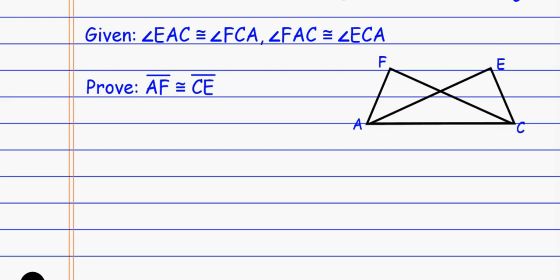if I look at this one, let's start by marking it before I set up my statements and reasons. It says angle EAC. I read it incorrectly. EAC is this angle right here, is congruent to FCA, which is this angle right here.